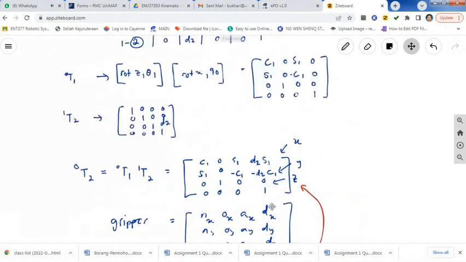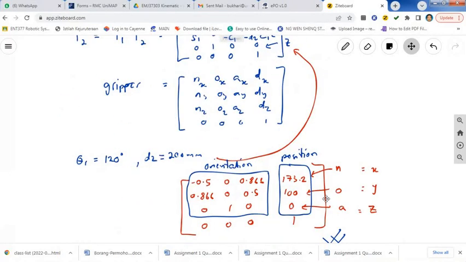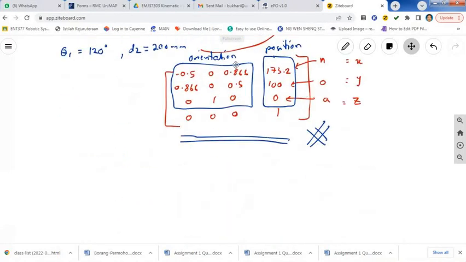So you use this formula with cos 120, sin 120, sin 120, negative cos 120, and this also changes to sin 120, cos 120. So you will get this value. When you get this value, this is your position coordinate, and this is your orientation.